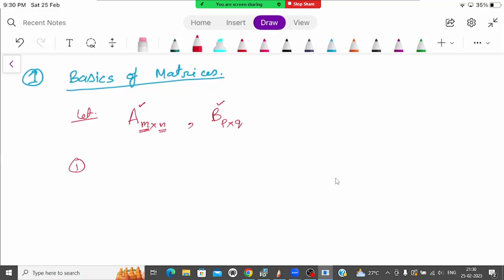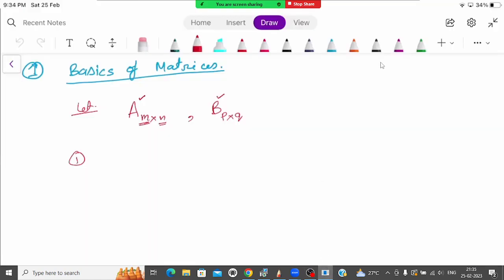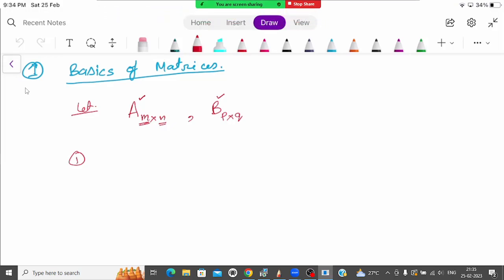The number of columns of matrix A should be equal to the number of rows of matrix B, that is, n should be equal to p.